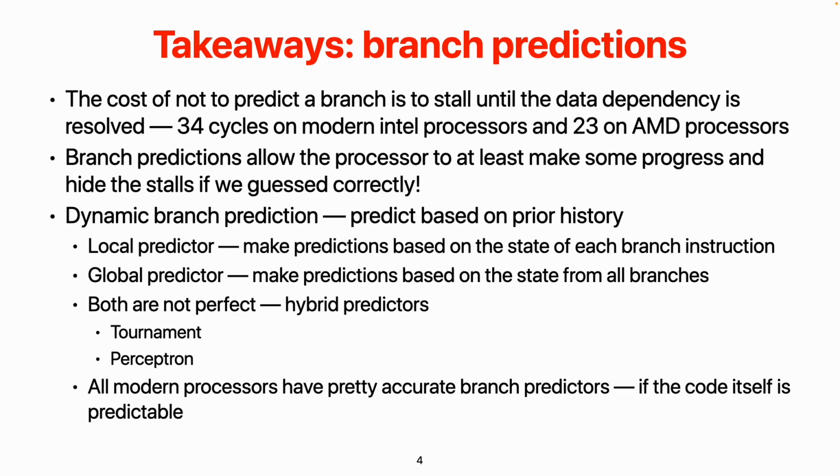However, if you think about it, the basic idea of the perceptron is giving different weights, or say confidence levels, to each bit of the global history. So it's pretty much similar to a hybrid predictor, in a way that for some branches, we would trust some of the history bits more. If all the highly confident bits are from the same branch, then it's pretty much like a local predictor.